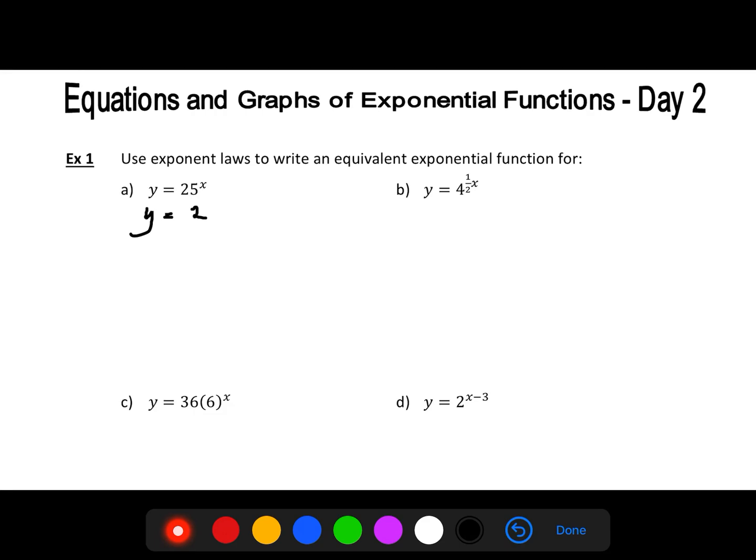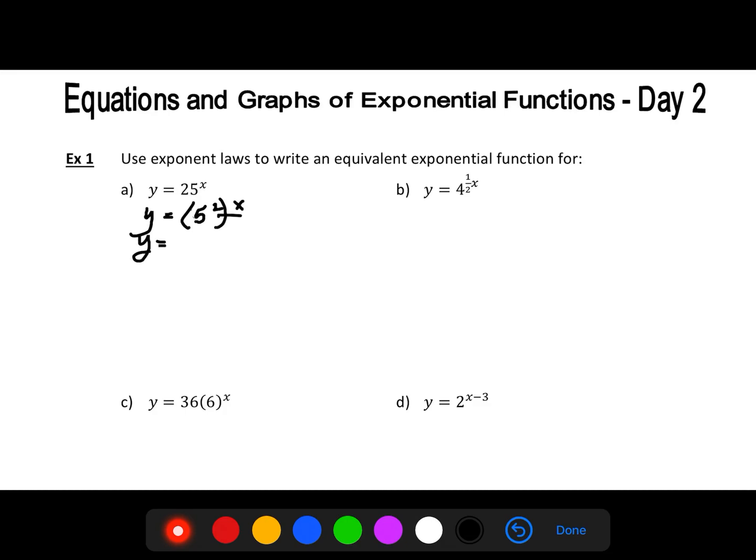So we know that 25 can be written as 5 to the power of 2. So inside here, we can write 5 squared to the power of x. Now we can simplify that.